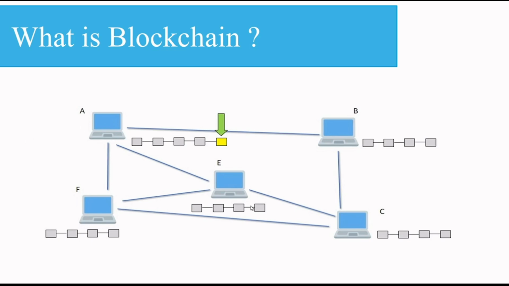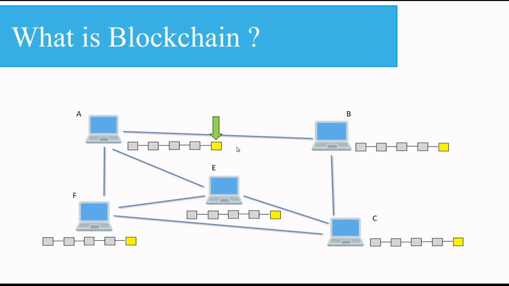He added the block in his blockchain, and once he added it, he transferred this information to all the participants, or all the nodes, that are connected with him in the network. After verifying and validating this particular block, E, F, C, and B also add this block in their blockchain. So this is how the block of the blockchain gets distributed all over the network, and that's why blockchain is distributed.